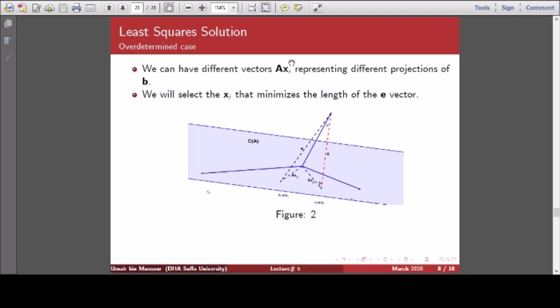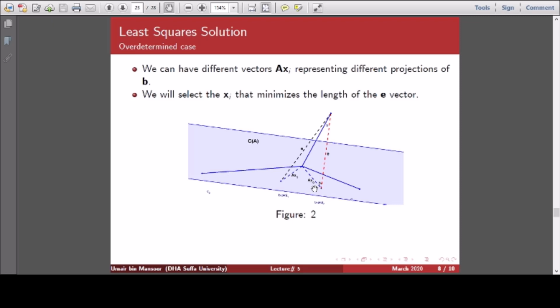If I take any x vector and multiply it by A, I'll get a vector that is within the column space, parallel to c1 and c2. These are two examples.